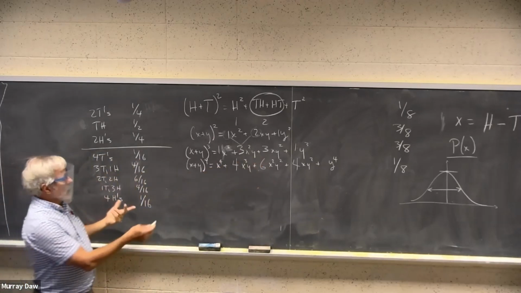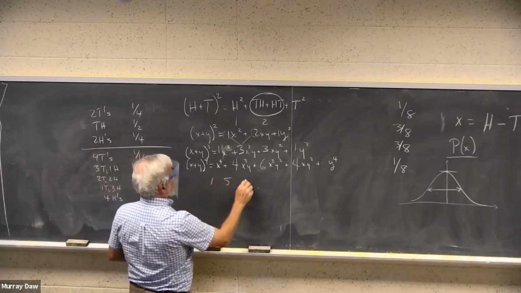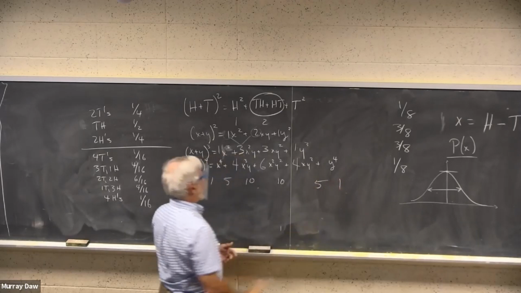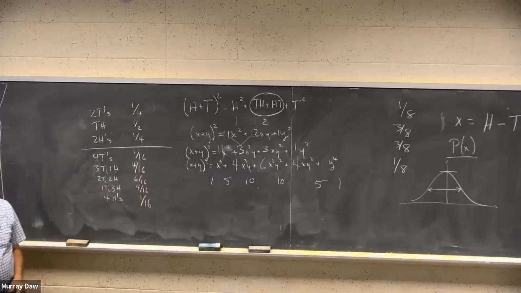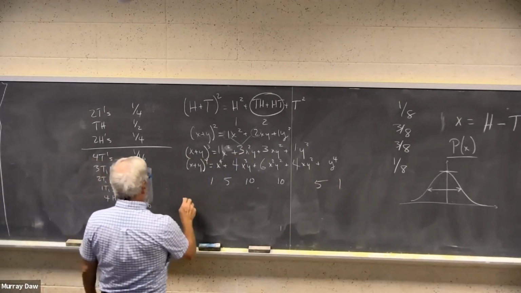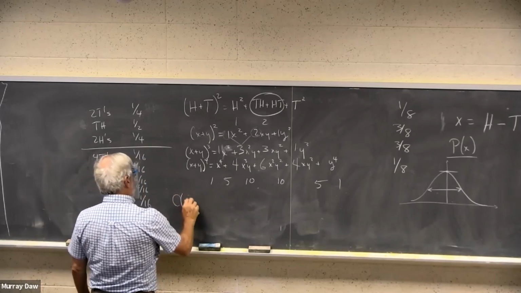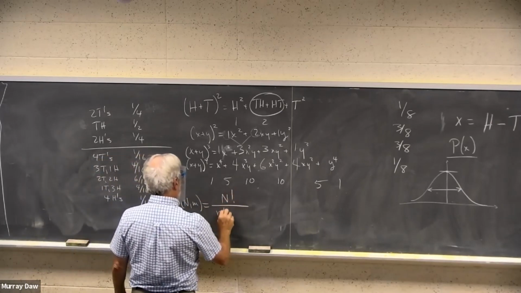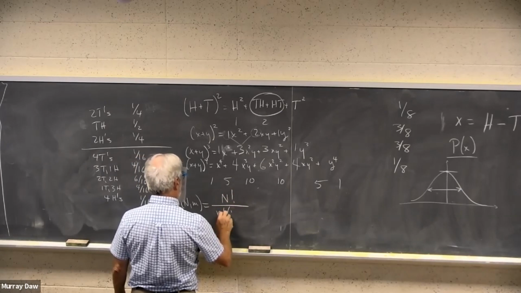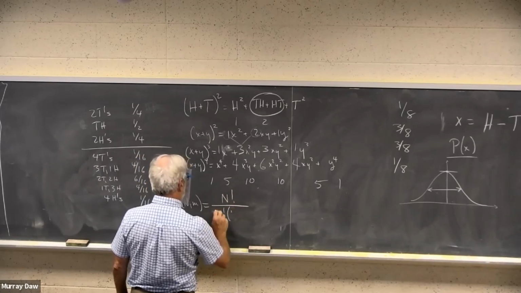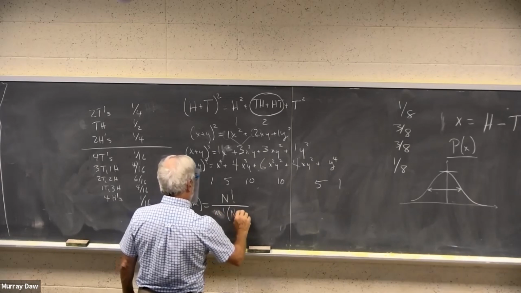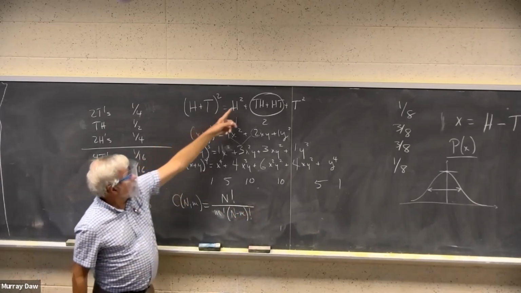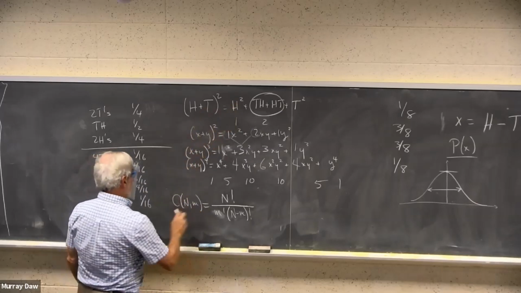Okay, so the next one, you just follow Pascal's triangle to the next rank down. So the way to get this, the binomial coefficient, big N minus little n factorial. Big N is the power, the number of coins.